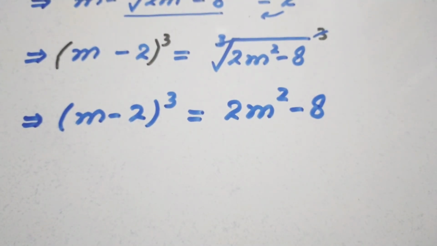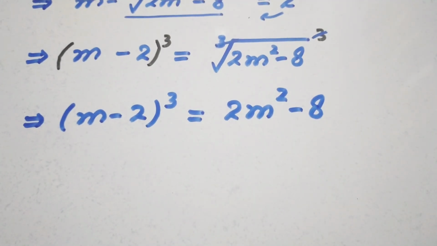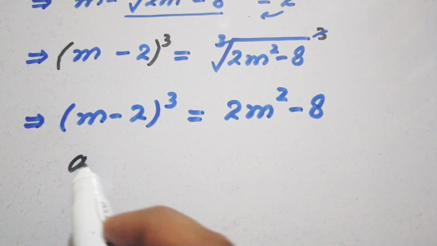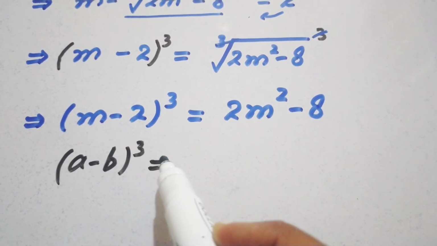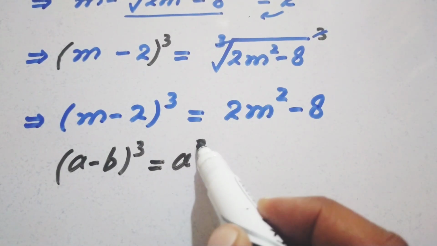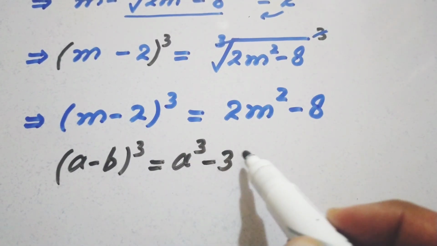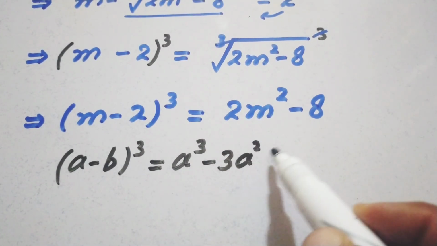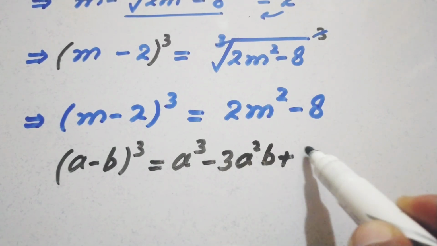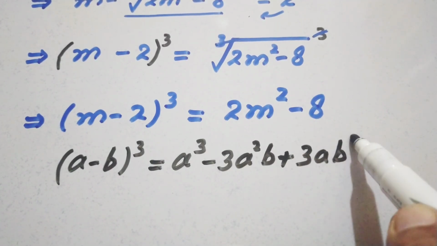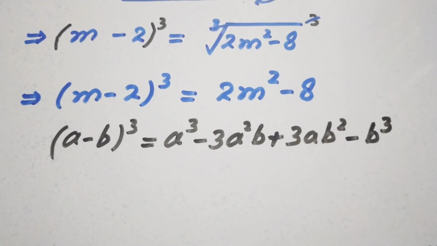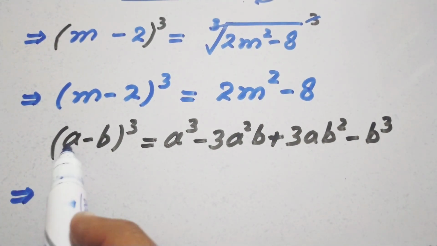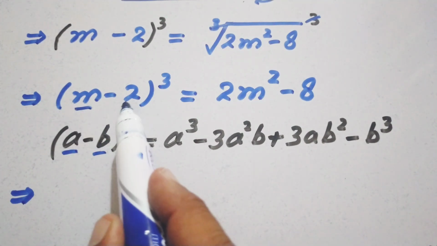Now from an algebraic identity, a minus b whole cube is equal to a cube minus 3a squared b plus 3ab squared minus b cube. So here a is m and b is 2.